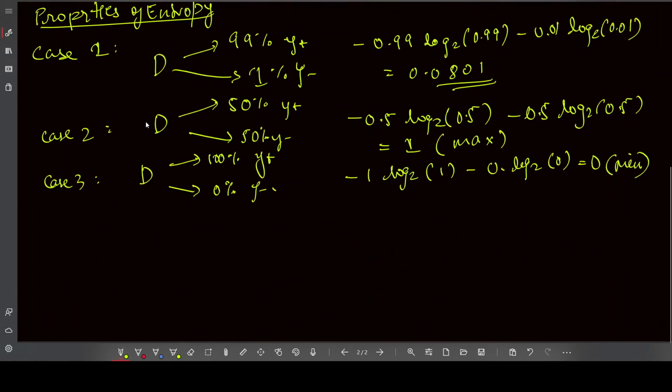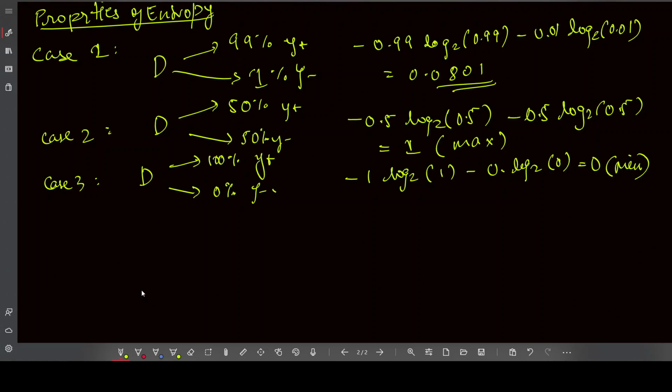So if I have to plot entropy, this is what the plot would look like. Let's say this is the probability value, the probability of a class in my data set, and on the y-axis I have my entropy.